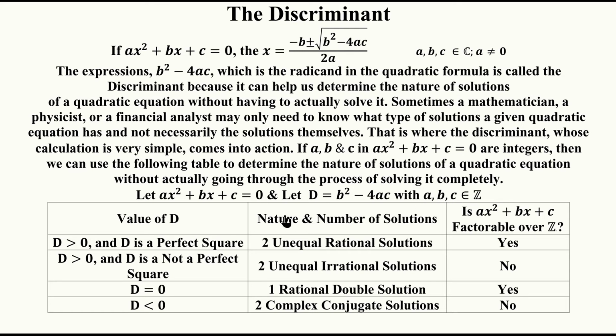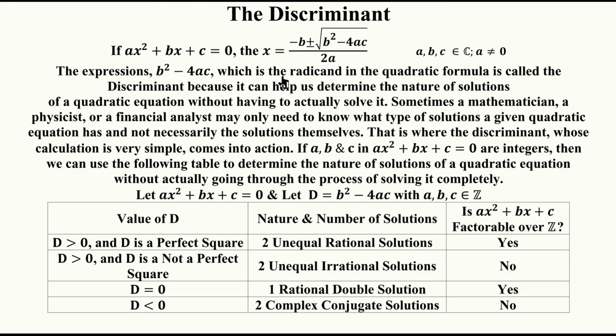Now, if on top of being positive, it's also a perfect square, that means we have the square root of a positive perfect square. So that's just going to be a nice whole number, and we add it or subtract it in this manner, and we end up with 2 rational numbers for the solutions, because we get integer on the top, integer on the bottom.